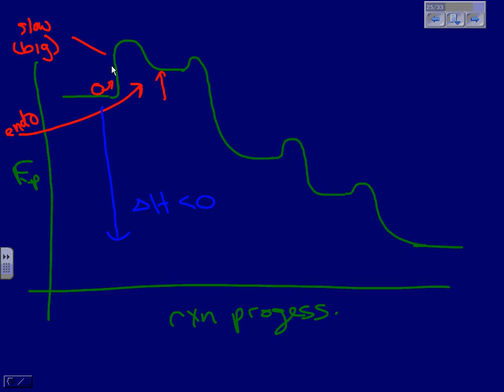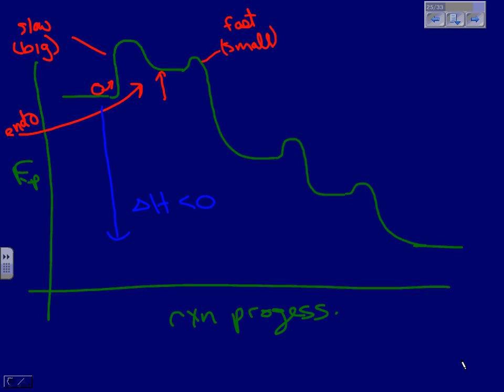So we need a lot of energy to break those first bonds. And once those first bonds are broken, the energy we get out of it will allow all of the particles to come together and make the products. So a couple of little things to note here. This EA is small, all right, and that results in it being fast. I wrote it backwards compared to the last one, all right?